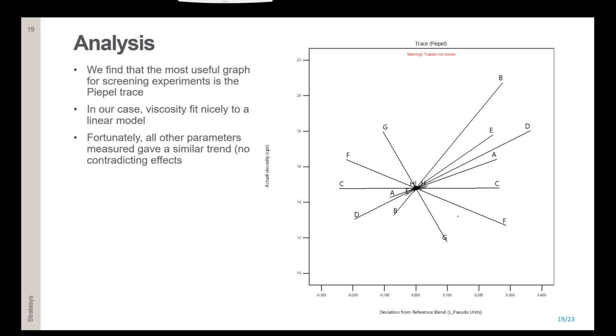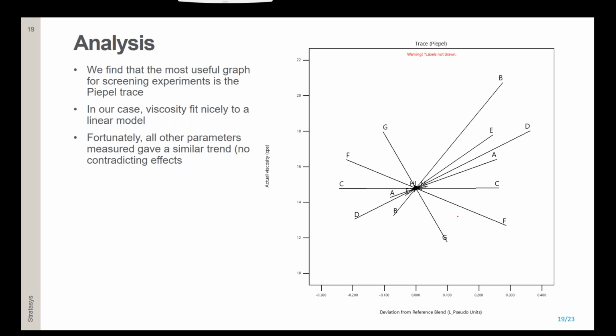Because our requirement for viscosity is very, very strict, we also fitted the experimental viscosity to the linear model, and it was actually very, very good. The fit was very good.